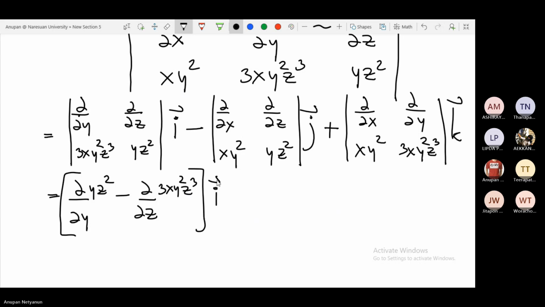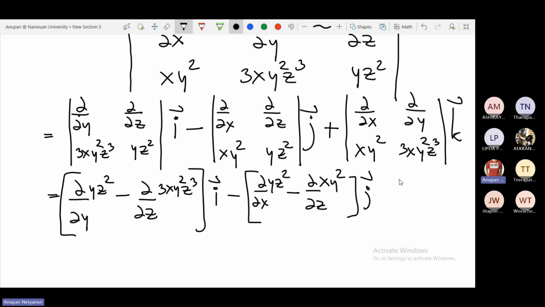I. Okay. And minus this going down, positive, right? Partial by partial x times this, which is yz squared. And then multiply this up. Minus, let me put this up front, partial by partial z times this, xy squared, J.